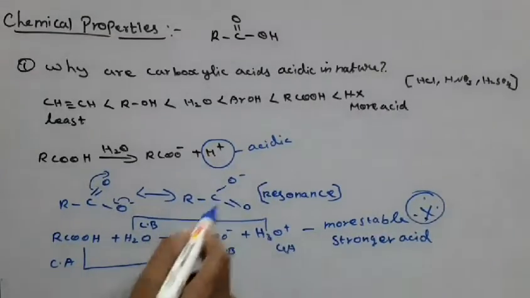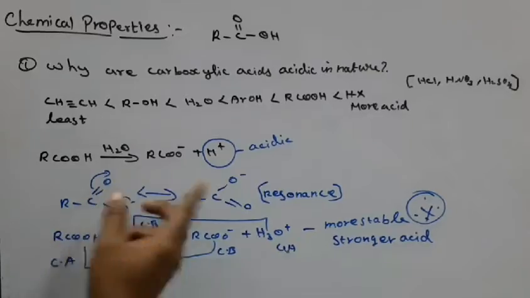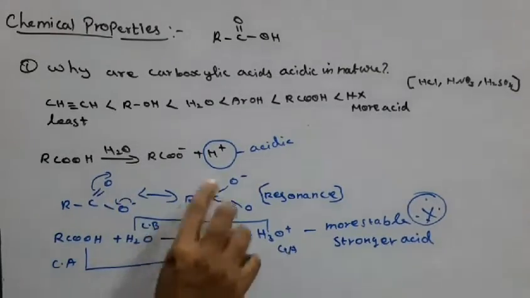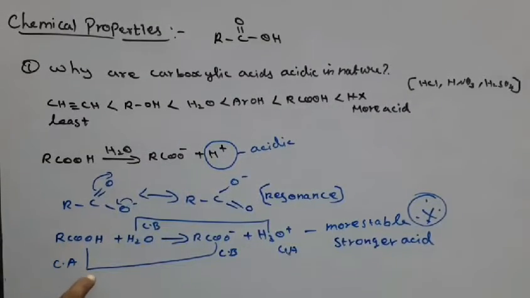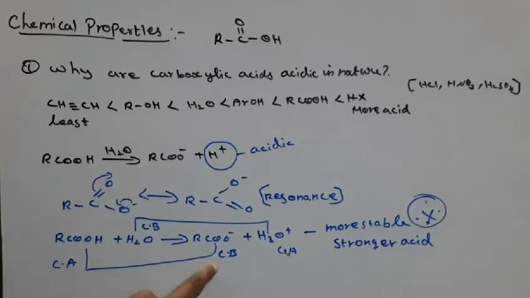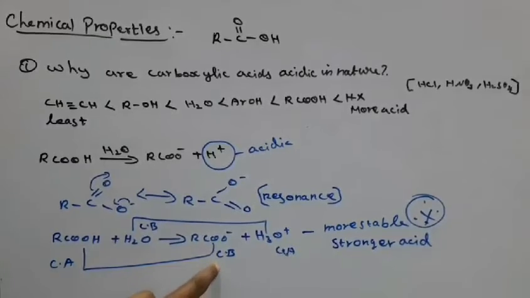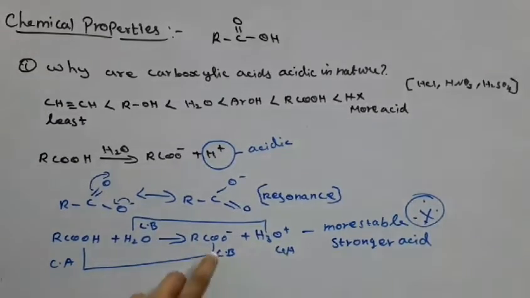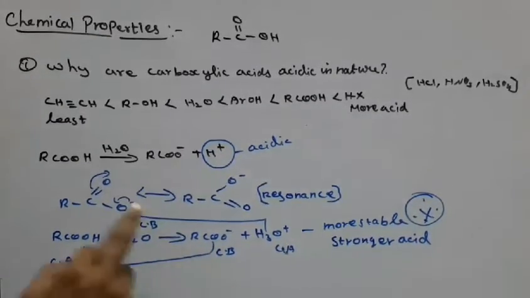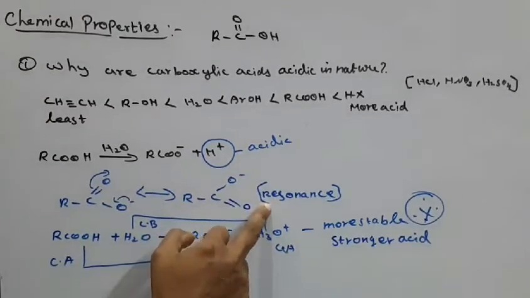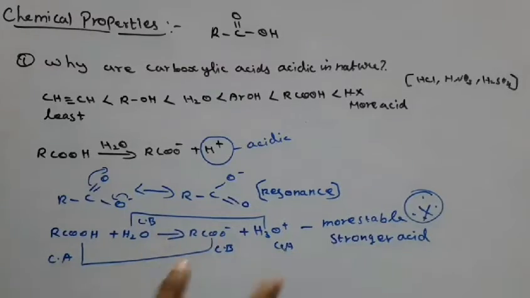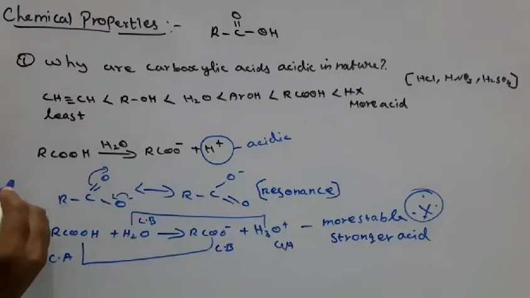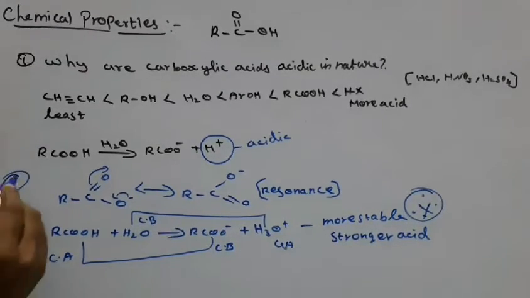First we have to prove that it undergoes resonance. Why? Because the carboxyl group dissolved in water produces the conjugate base and conjugate acid. The conjugate base is more stable due to resonance, so the corresponding acid is also a stronger acid. This is one key point.